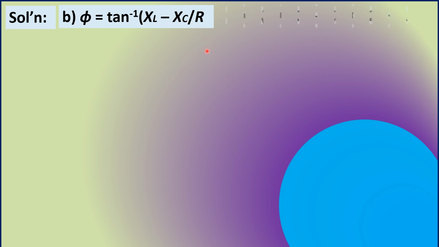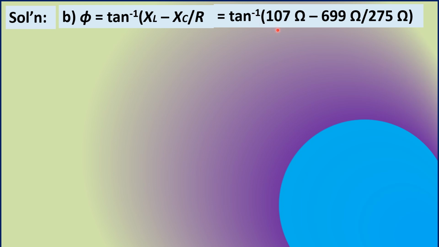Moving on to question letter B. You're looking for the phase angle phi, whose formula is just equal to the arctan of the difference in the reactances, XL minus XC, divided by the resistance big R. So substituting, we have arctan of 107 ohms minus 699 ohms, divided by the big R, 275 ohms.